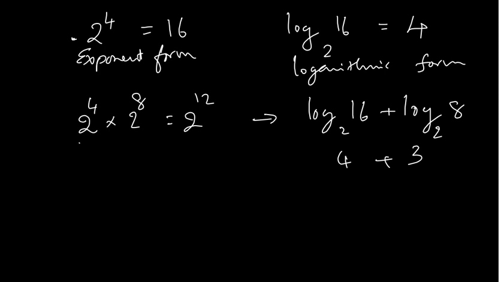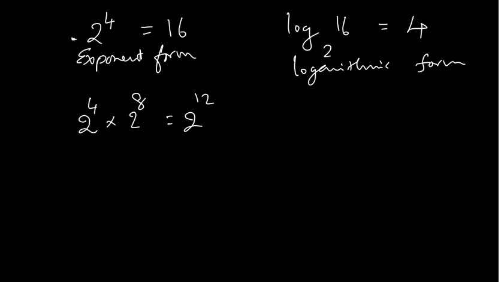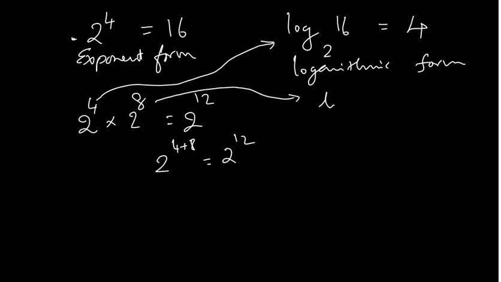Confused? Okay, I'll go backwards. We have used the exponent rules. We say 2 to the power of 4 plus 8 equals 12. So log 16, we have written this as this, and the next one, 2 to the power of 8, as log 256, since 2 to the power of 8 is 256.